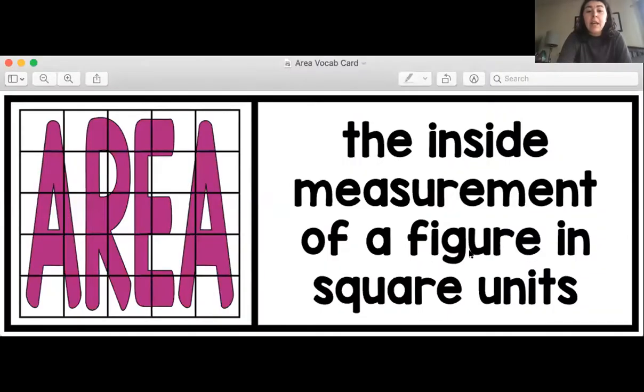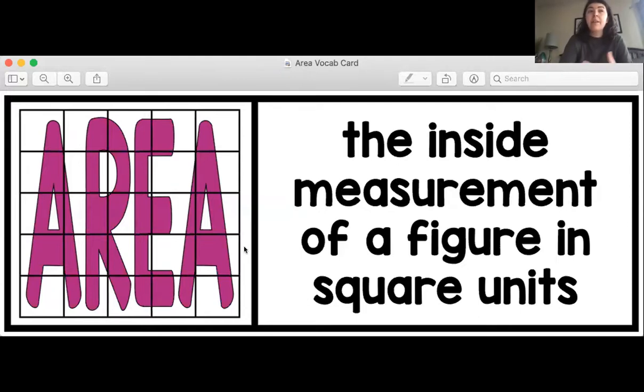And a reminder for my friends that might have forgotten since yesterday, area is the inside measurement of a figure in units. So on the vocab card, it says square units, but yesterday we did it with triangles, and today we're going to do it with a different shape. So a reminder, when we measure area, we want to measure how much space is inside of a shape.